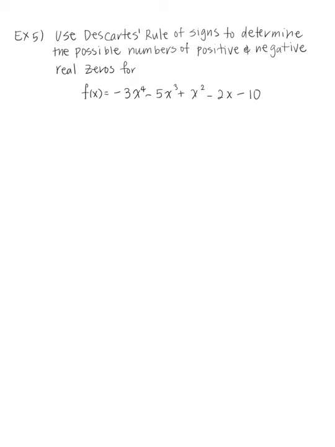So let's see the possible numbers of positive zeros that we could get from our f of x. For the positive zeros, you just check the number of sign changes of the given function f of x. So let's do it. Right now, the sign on the front is negative to negative, no sign change. Negative to positive, there is 1 sign change. And then it's going to go from positive to negative, so there is another one. And negative to negative, so no sign changes there.